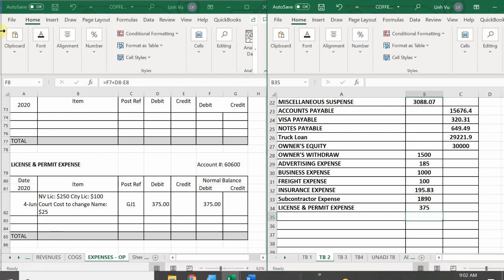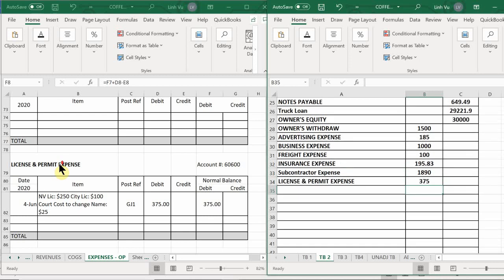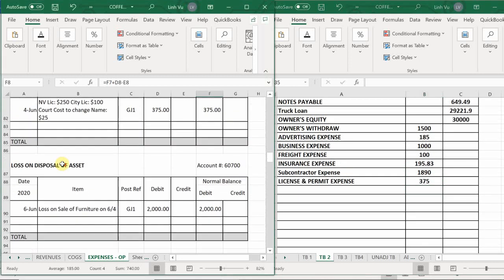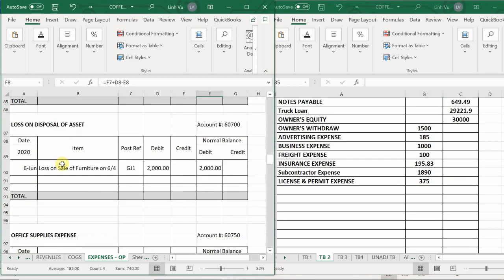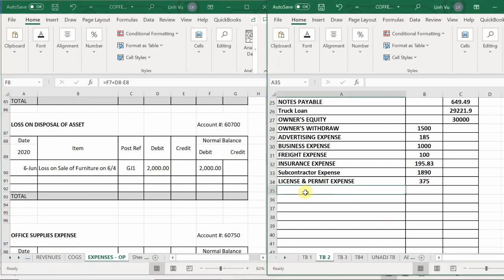Okay. See what's after license and permit expense. We have loss on disposal of asset, which we know to be a total of $2,000.